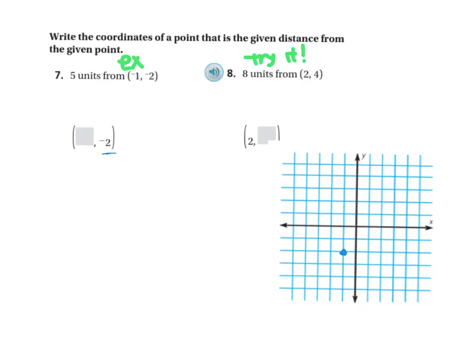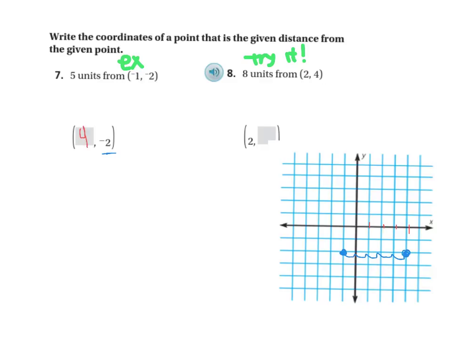So I'm going to stay here on my -2, and I'm going to go 5 units. Now there's 2 options. I'm going to go this way. 1, 2, 3, 4, 5. So if I go that direction, now I am at, and I'm just going to count this, +4, -2.